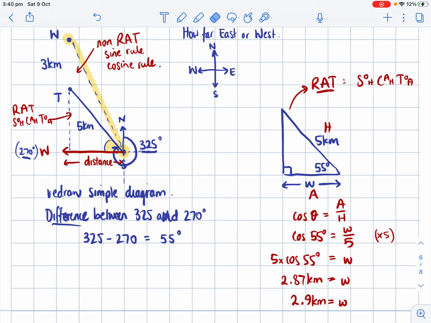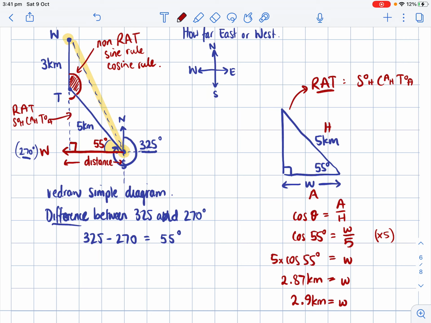Okay, so I go back to my diagram and I start analysing. How can I get that angle in here so that I can use a non-right angle triangle? Well, I already know that this is 55 degrees. And when we analyse it, we know the angles in a triangle have to equal 180 degrees.